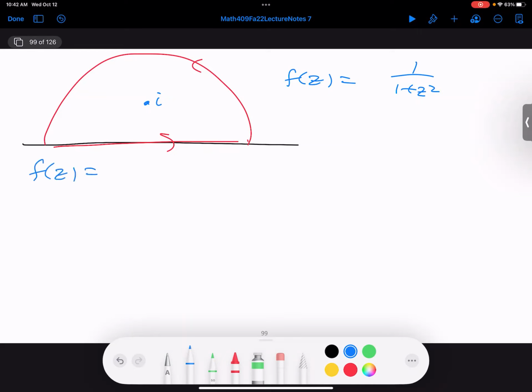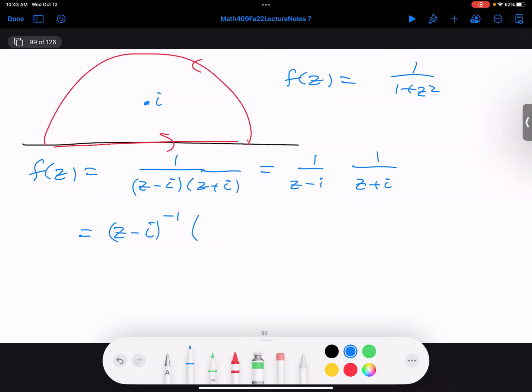So f of z is 1 over (z minus i)(z plus i), right? And we want to do the Taylor series at i. Oh, good, we want things like z minus i. So I can write this as 1 over z minus i, and then 1 over z plus i. Well, I don't want z plus i, I want z minus i. All right, so I'll write this as (z minus i) inverse, because that takes up less space.